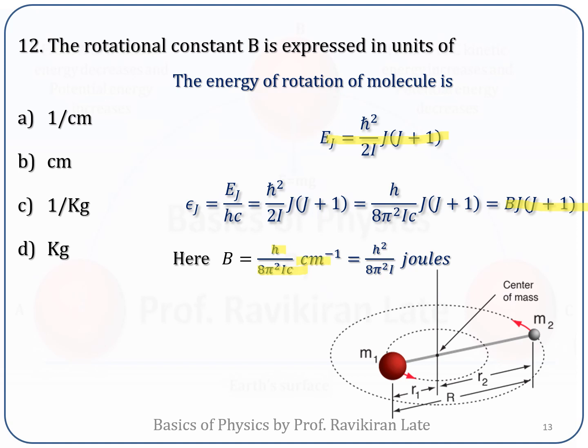And this B is expressed in terms of per centimeter. If you substitute these values, you will get B in terms of per centimeter. So it is option A which is the more appropriate answer for this question, because B is expressed in terms of per centimeter.